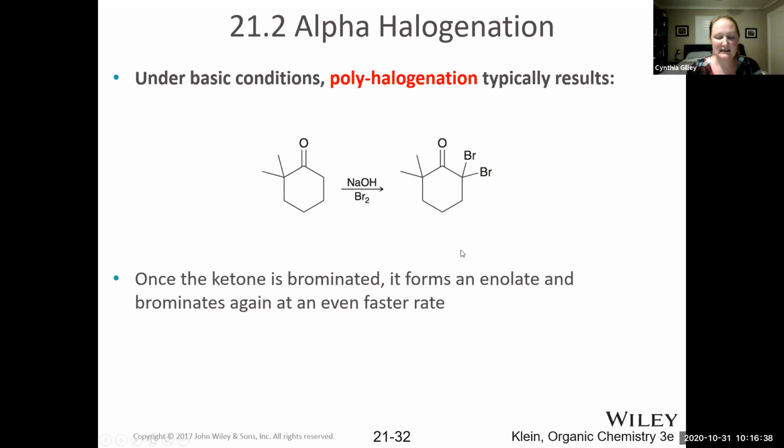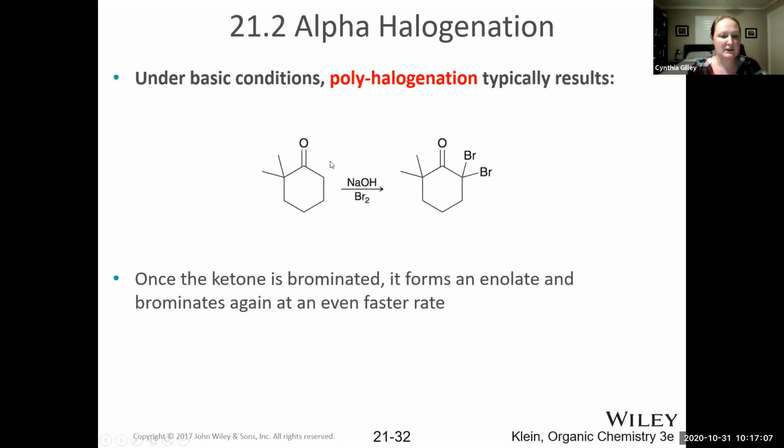This reaction under basic conditions is actually not as ideal as the reaction under catalytic acid conditions, because under basic conditions, polyhalogenation typically results, right? So instead of getting just one bromine on the alpha carbon, unfortunately, all of the alpha hydrogens that are present will likely be brominated. In this case, the alpha carbon on the left is blocked by two methyl groups, so we don't expect to put any bromines here.